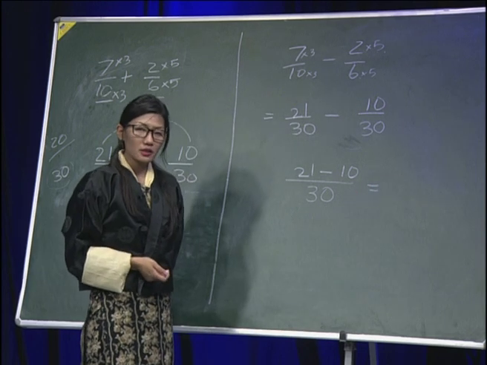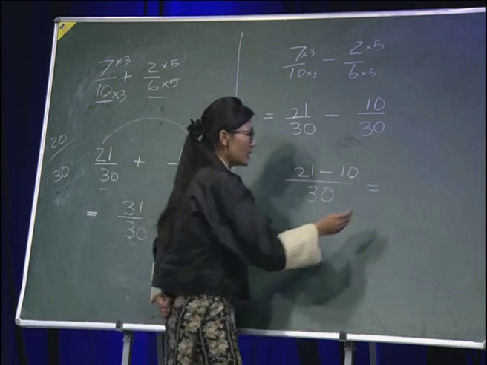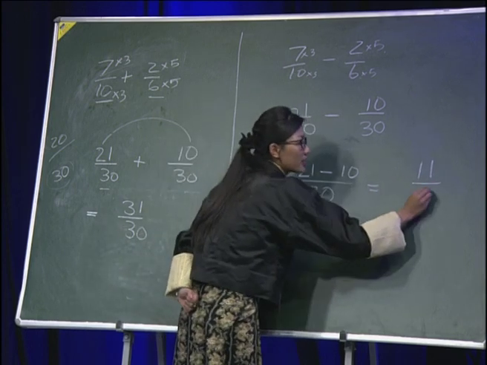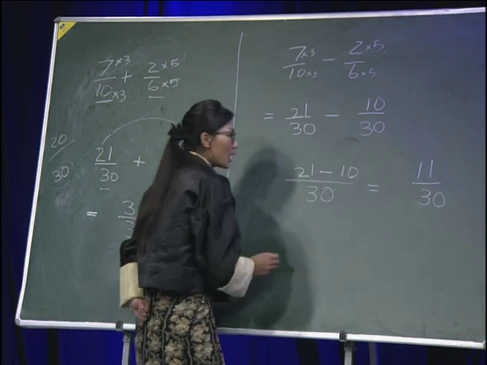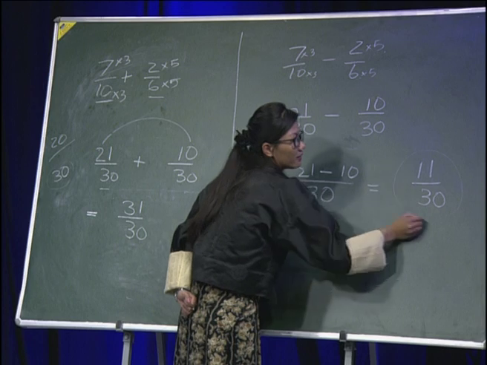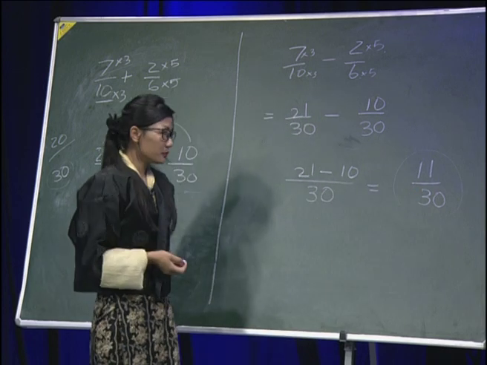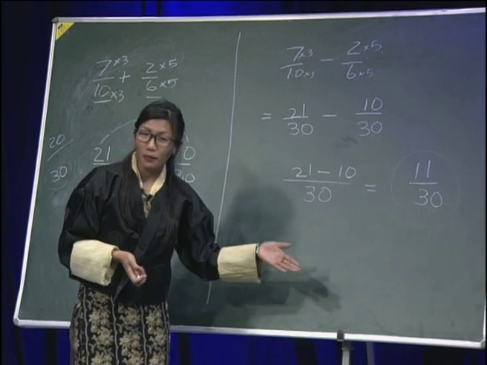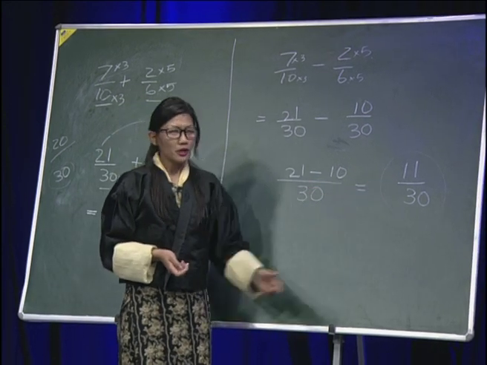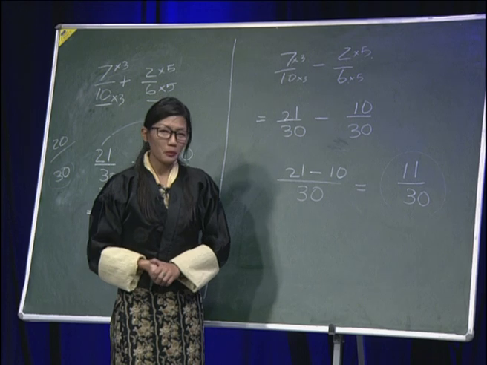Can you find the difference? Okay. We get the difference 11 and the denominator is 30. So our difference for these two fractions is 11/30. Now this is a proper fraction because the numerator is smaller than the denominator, right? So you don't have to change it to a mixed number.